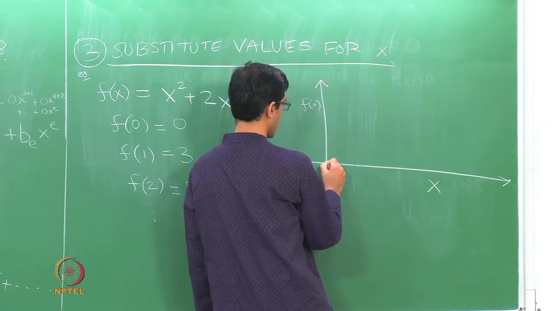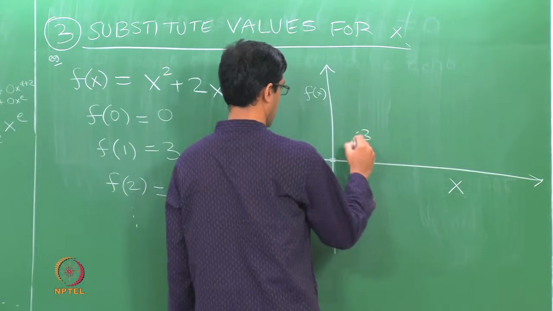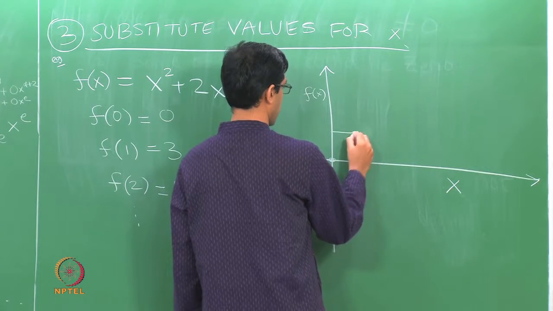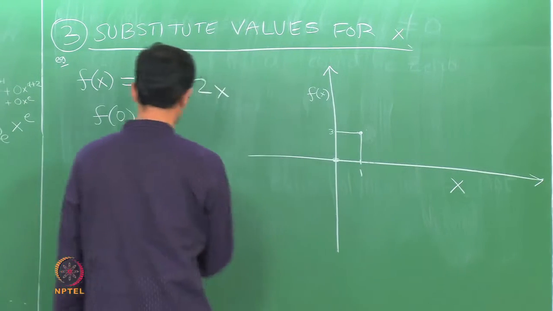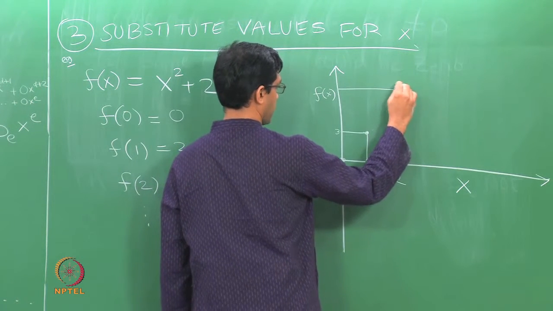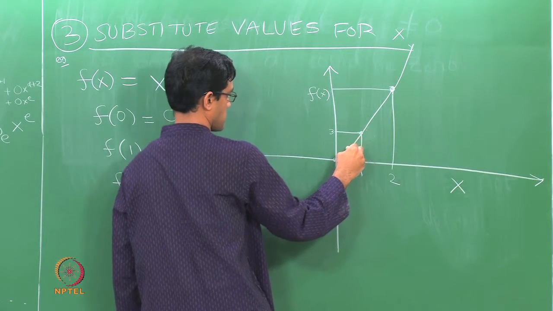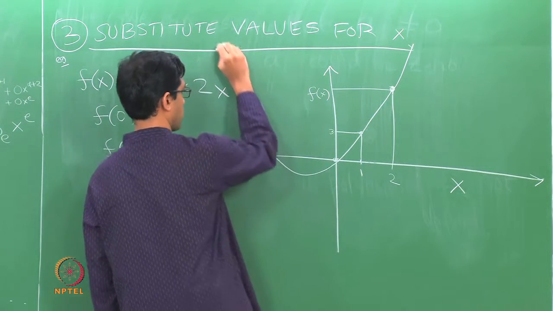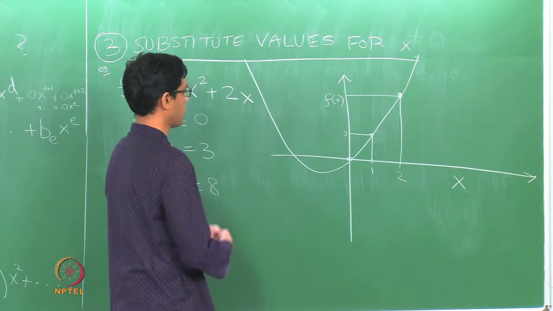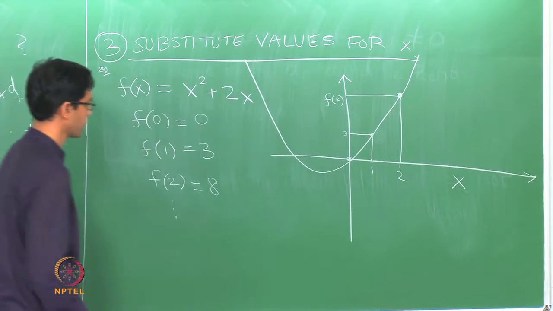At 0 the value is 0, at 1 we said the value is 3. So x equals 1, y equals 3, that is this point, and at 2 the value is 8. Plot this point and so on, and of course you join all of them up by a curve, and we get the familiar parabola in this case. That is just a pictorial depiction of this polynomial, it is the graph of this polynomial. Again something that should be very familiar.